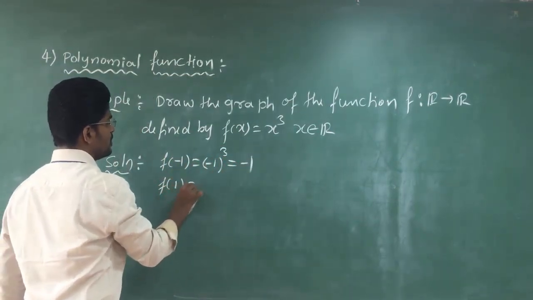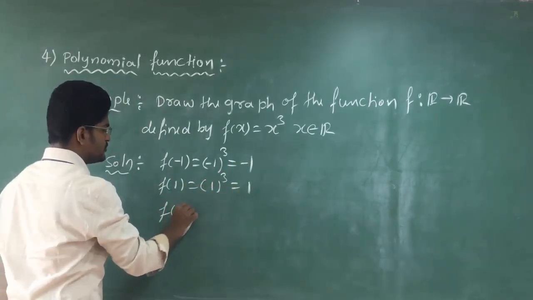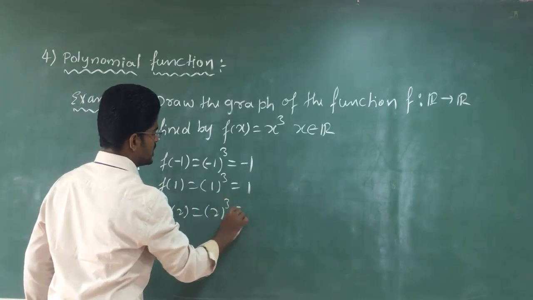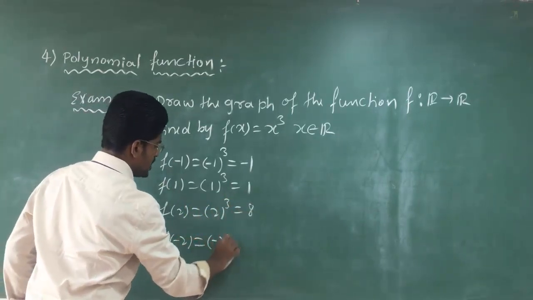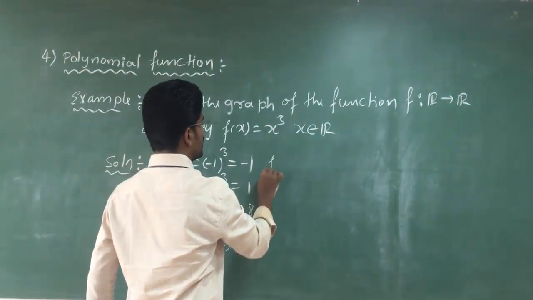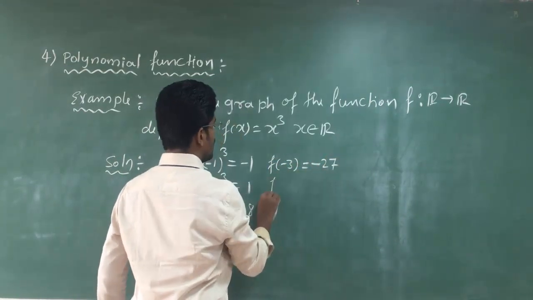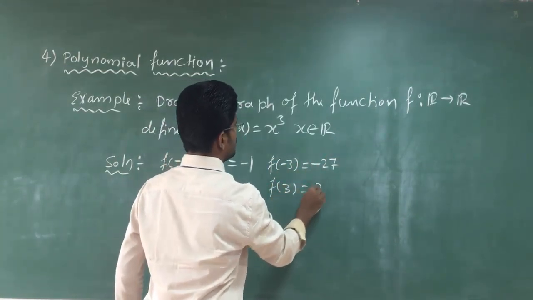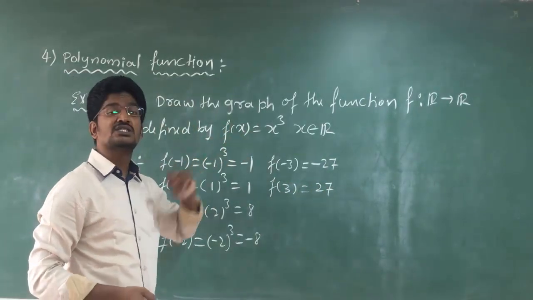F of 1 will be 1 cube, again 1. F of 2 is 2 cube, that is 8. F of minus 2 is minus 2 cube, that is minus 8. In the same way f of minus 3 is minus 27, and f of 3 will be 27, because f of x equal to x cube.